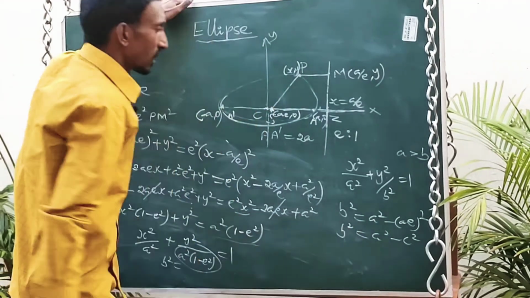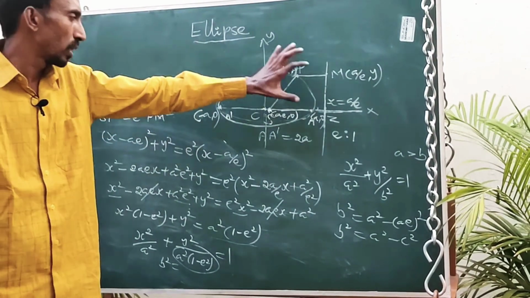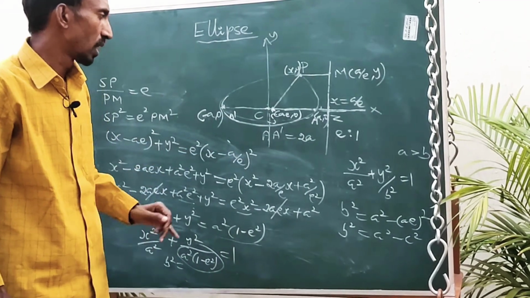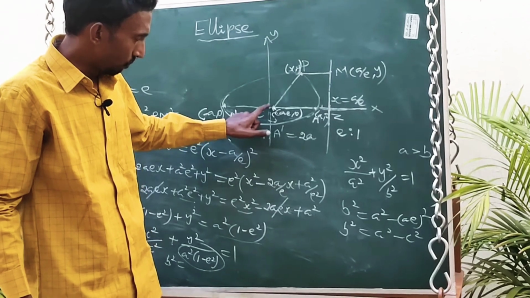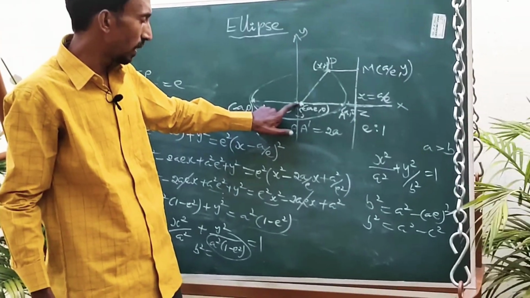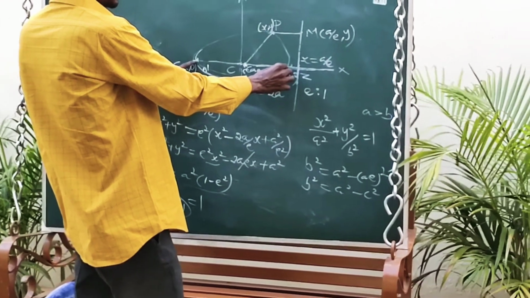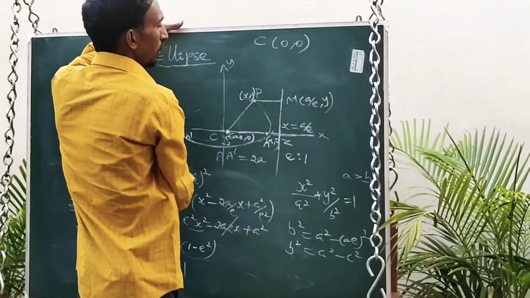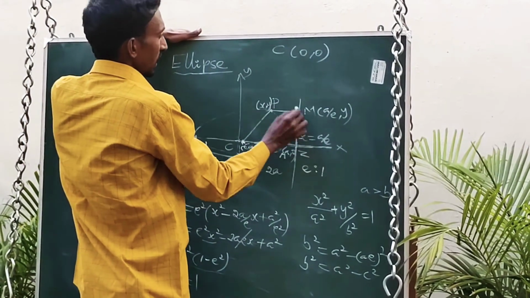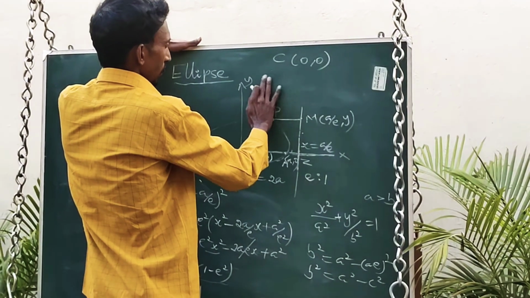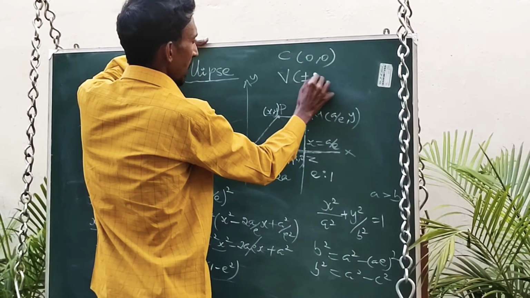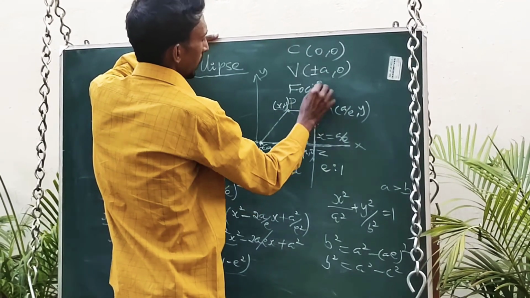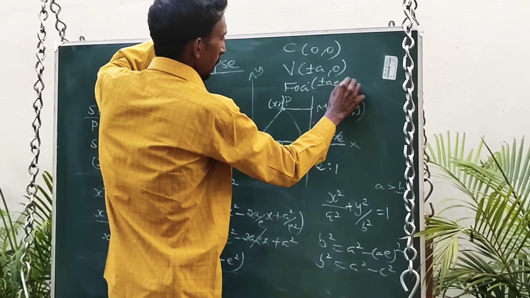So this is the very first thing, and now we are going to discuss the major points. What are all the major points in the first type of ellipse? Again the meeting point, the origin, is called the center, and these two are called the vertices. Center is nothing but (0, 0), and vertices are nothing but plus or minus a, 0, and next one foci, plural form of focus, so plus or minus ae, 0.